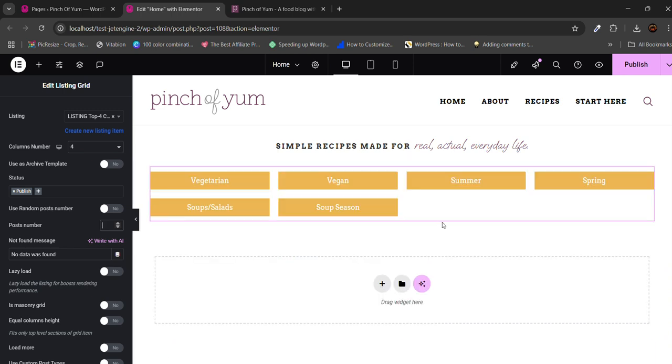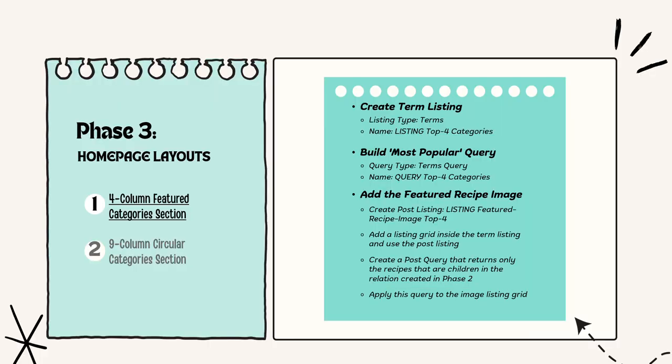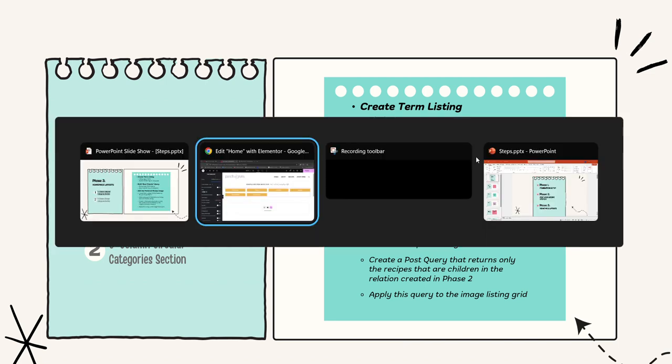And this is just showing the recipes, not coming here based on how popular they are, meaning how many posts, how many recipes are associated with them. Okay, and to actually do that, we need to create a most popular query, you know.